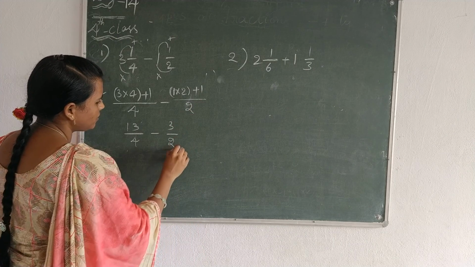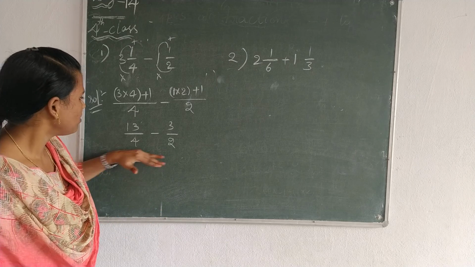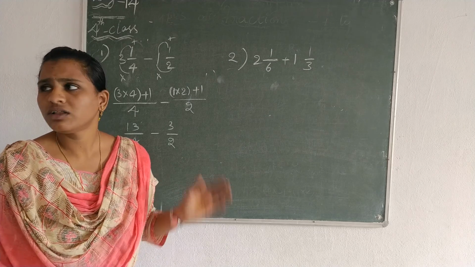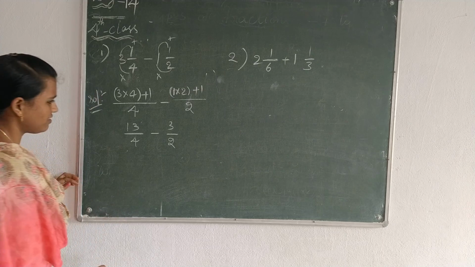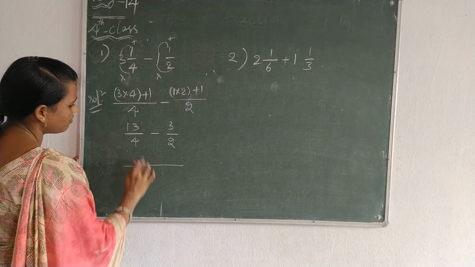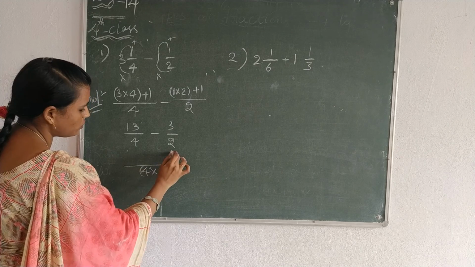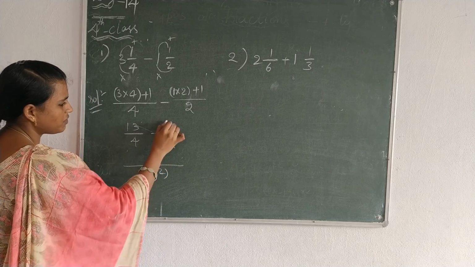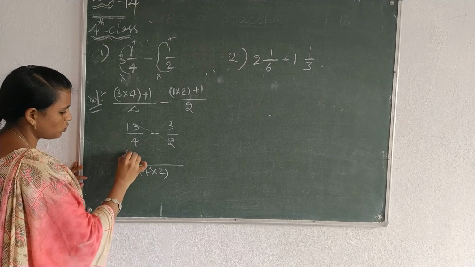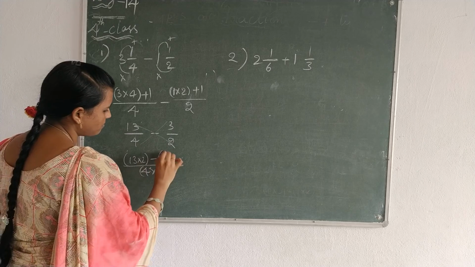3 by 2. Let's take these numbers, and I already told you we have different denominators. You multiply both the denominators. Okay, let's take the denominator 4 into 2. Cross multiplication: 13 into 2 minus 3 into 4.